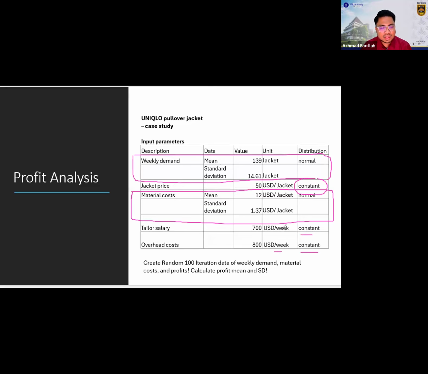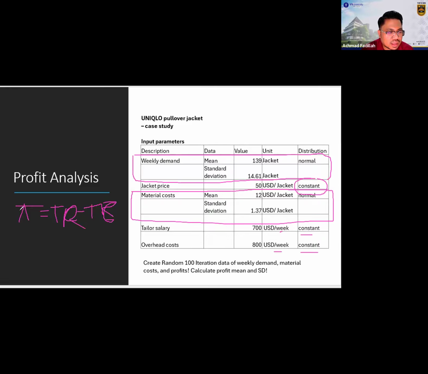And then we need to calculate the profit. You know the profit formula: total revenue minus total cost.